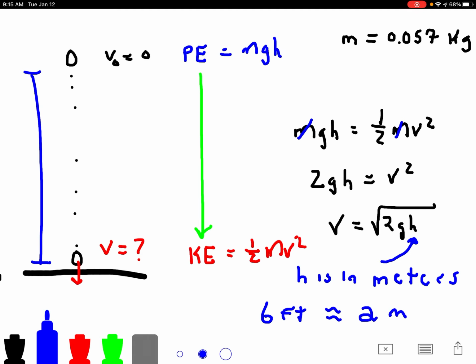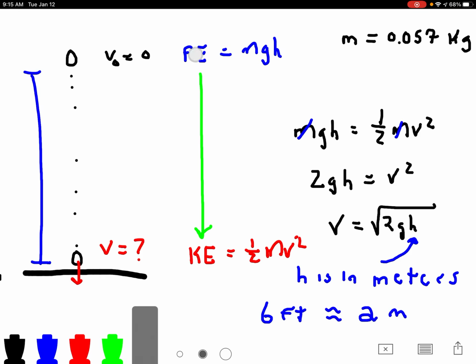You can do a conversion from feet to meters. It's a pretty easy conversion to do. Just estimate what yours was and then plug it into this equation. And then you got it. You know exactly what you need to do to solve for the velocity. And then keep that. You're going to need to do that first because we're going to need this velocity v for the next problem.